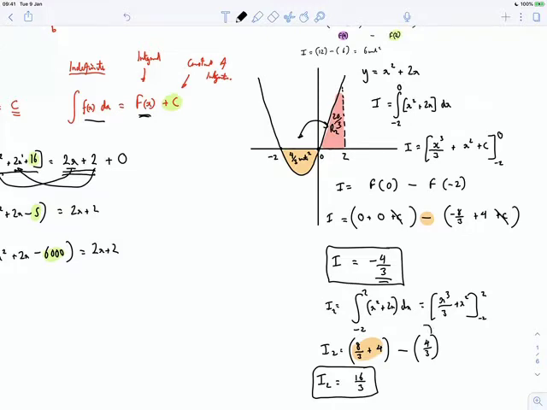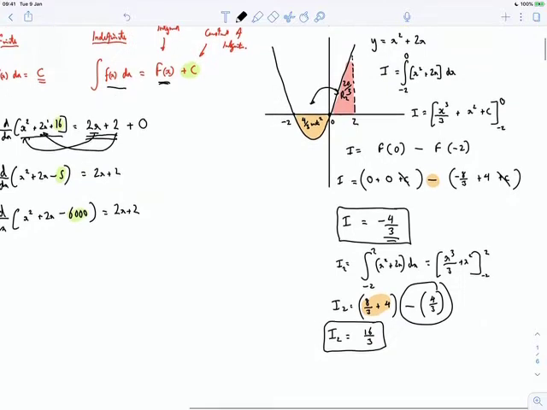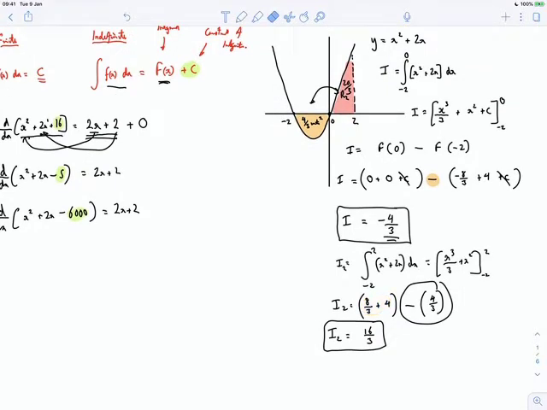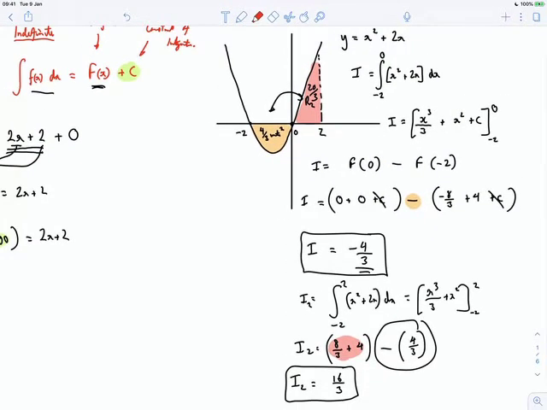And this 4/3 is actually being subtracted from it. So if you're not careful, you could wind up with negative areas cancelling out positive areas. And that wouldn't be a good idea. So what am I trying to say?